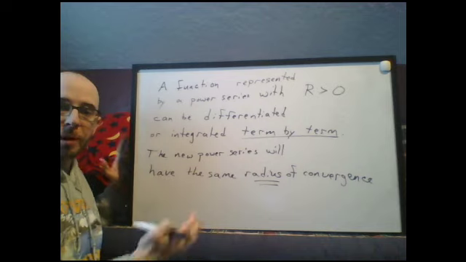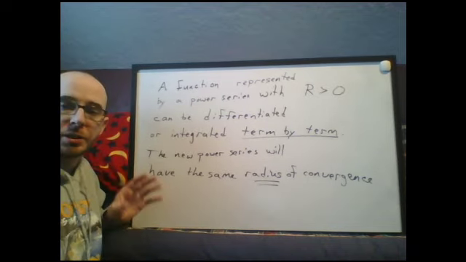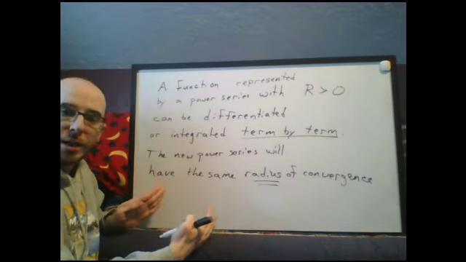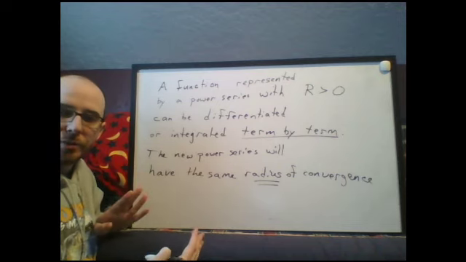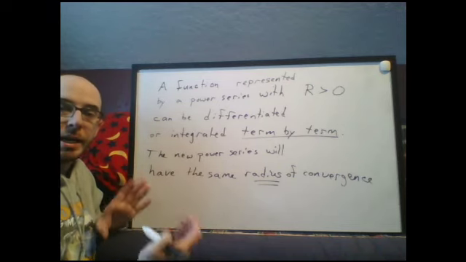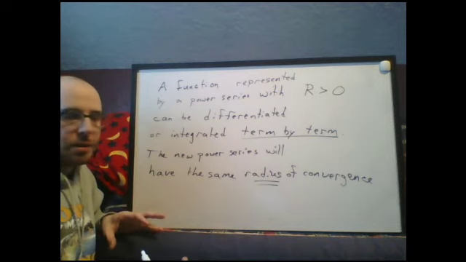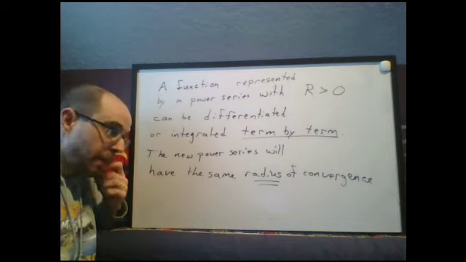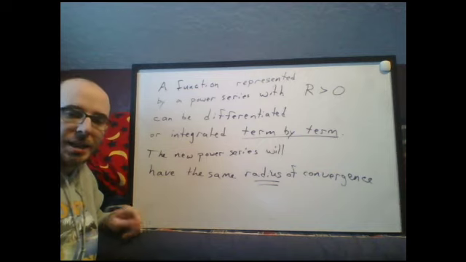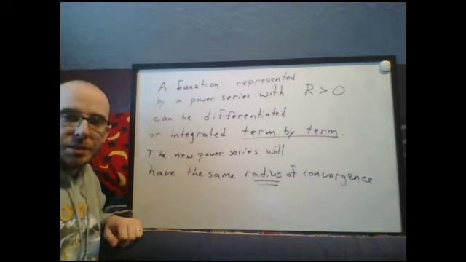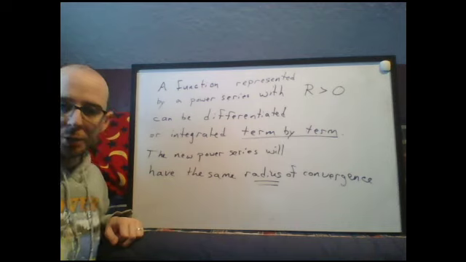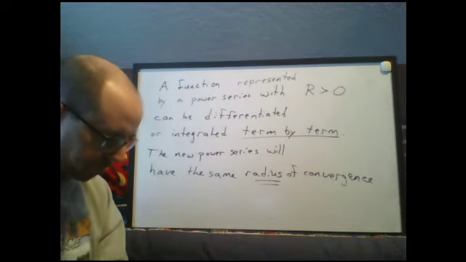So if the original power series I started with had radius of convergence 1, for example, if I integrate it or take its derivative, I get a new power series. Its radius will also be 1, and its center will be the same as well. The center and radius will be the same, but the interval might change at the endpoints. So you might lose convergence at one or both endpoints potentially.